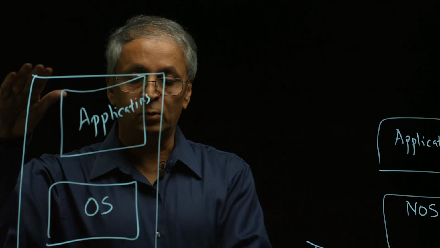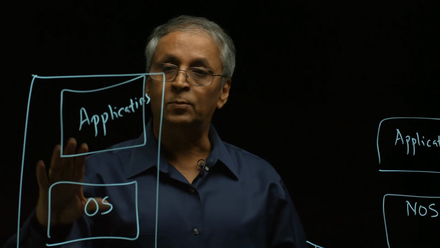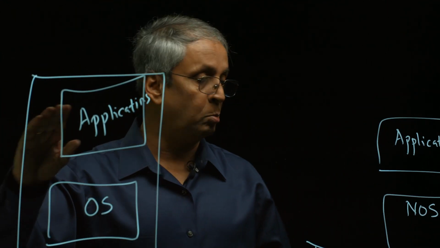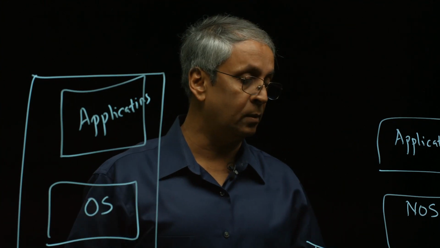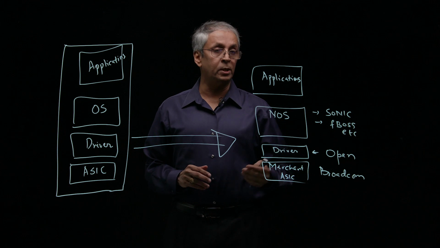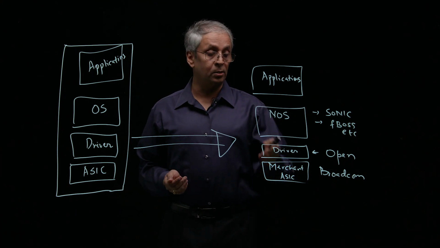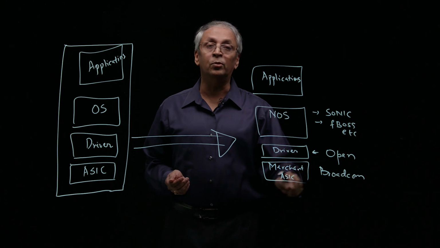So what has happened is what was vertically integrated has gotten disaggregated, as well as the control plane is decoupled from the data plane. Now, with the control plane being decoupled from the data plane, that allows, for instance, an SDN controller to remotely come and configure the data plane.